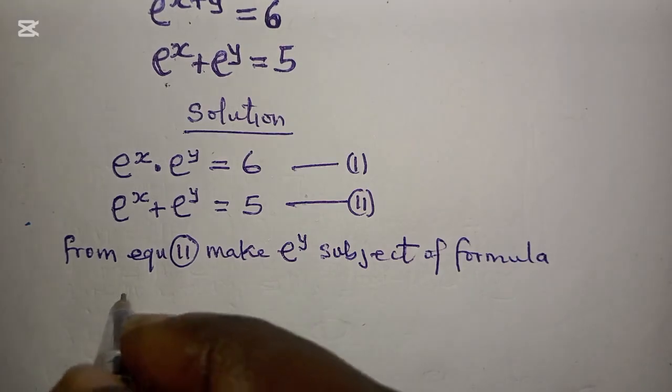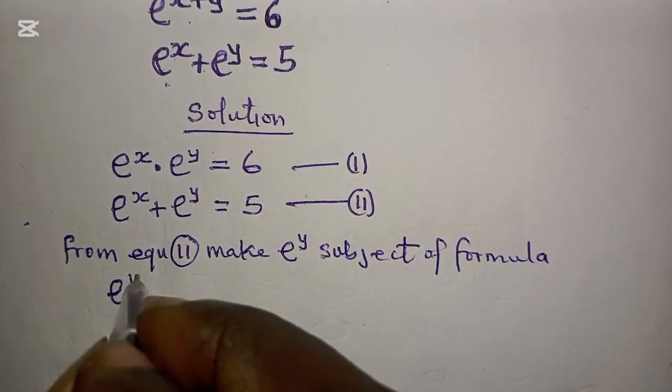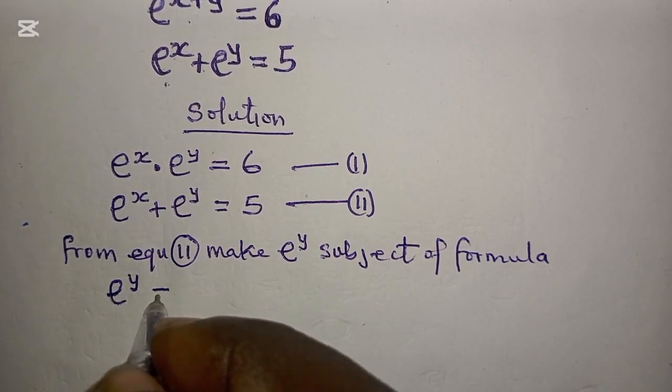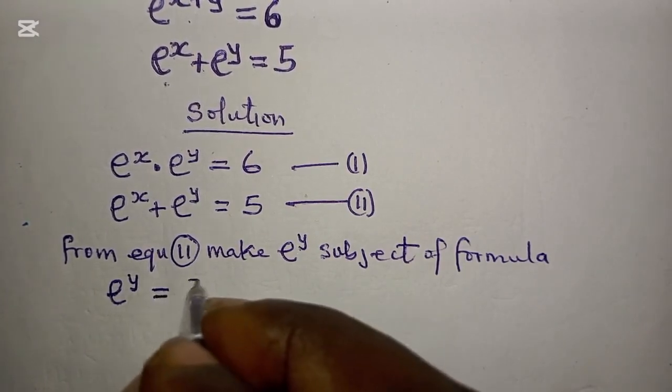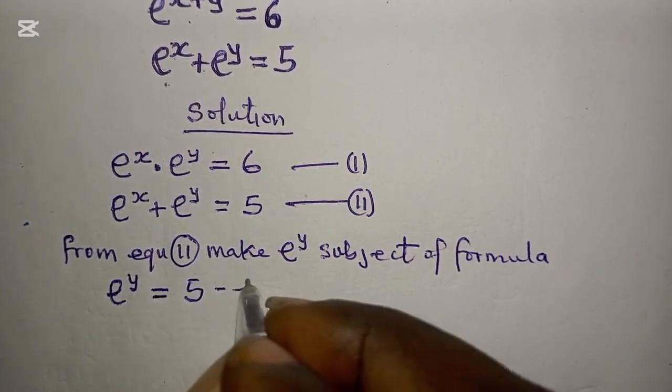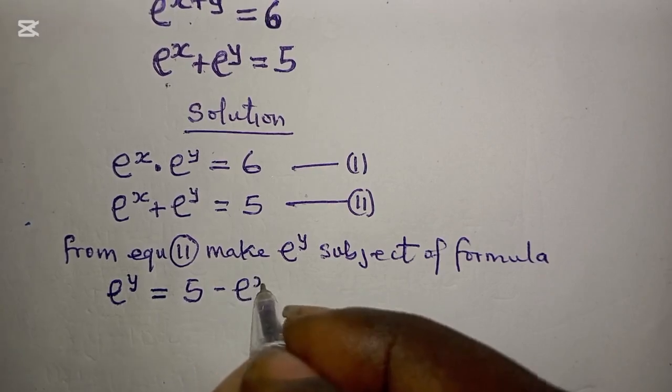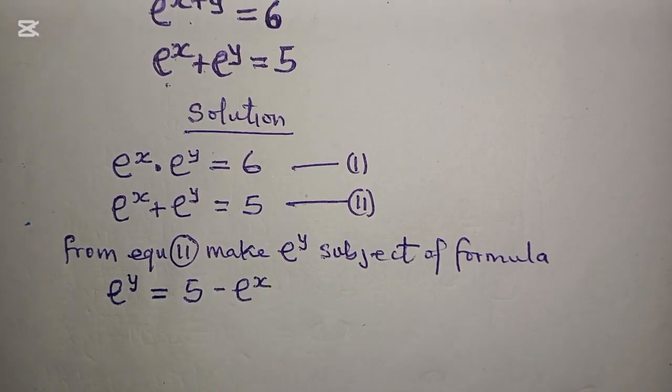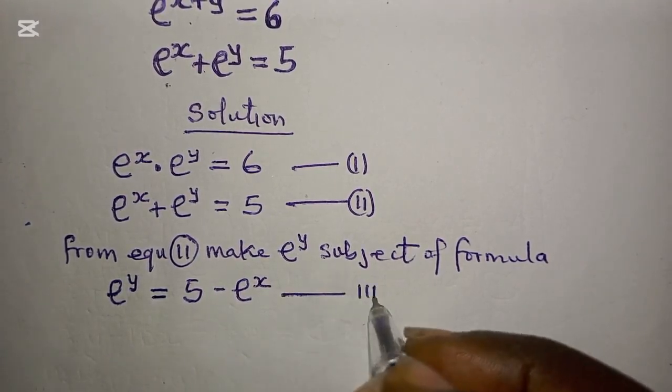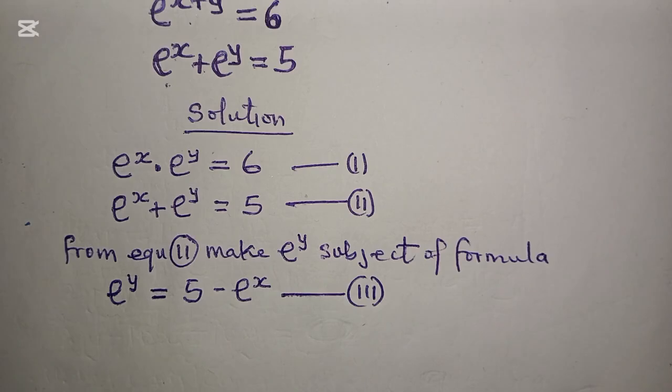Then we have e raised to the power of y equals 5 minus e raised to the power of x. We call this equation 3.